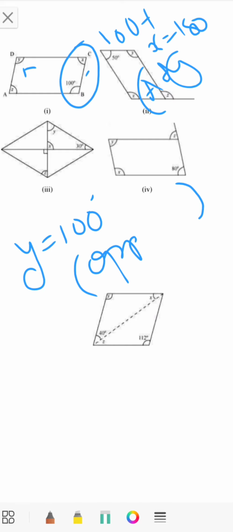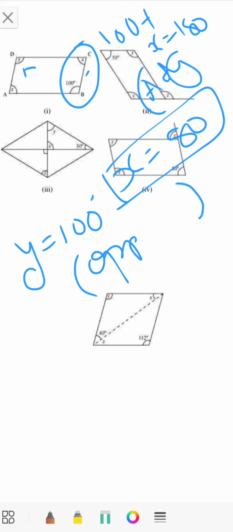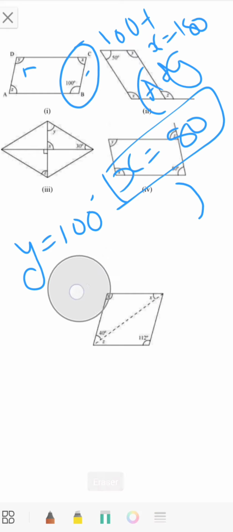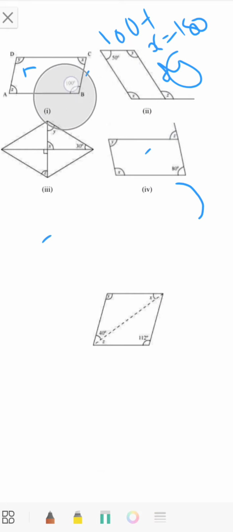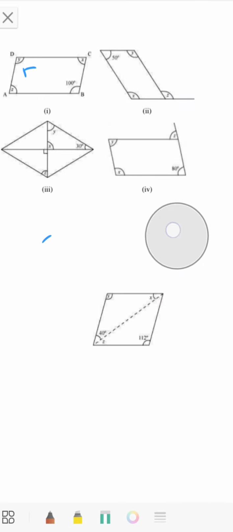Now if you transpose this 100, you will get the value of x, that is 80 degrees. So by applying the properties, you can get the value of the unknown angle. You must prepare all the properties. Clear to all of you?